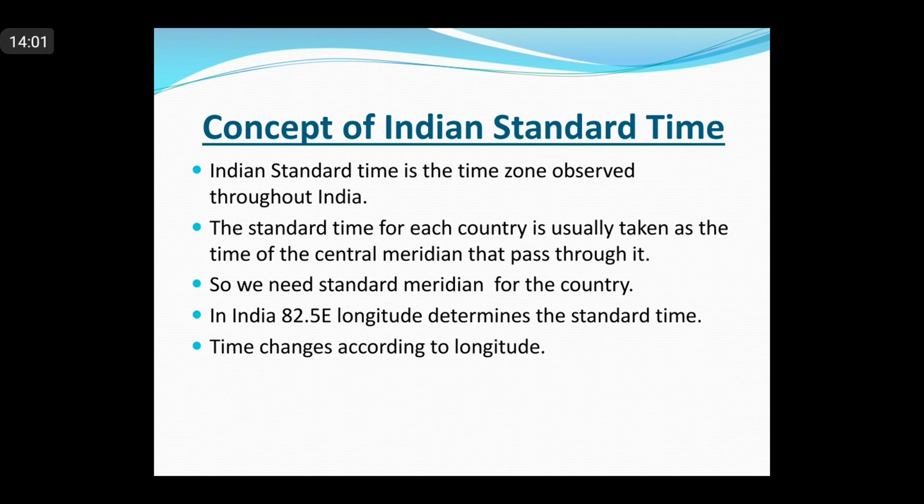Well, you can see one more thing, that the meridian of 82.5 degree east has been selected as the central meridian or standard meridian, which gives us the Indian Standard Time.